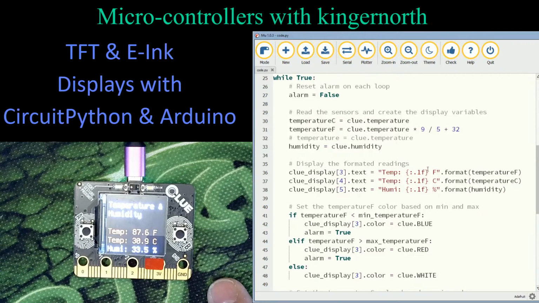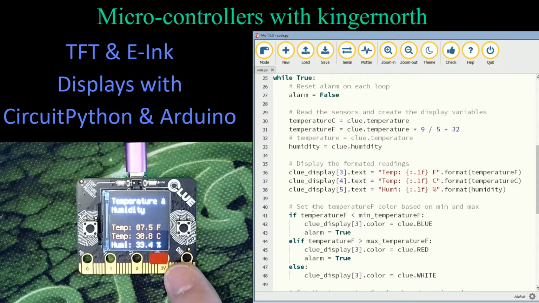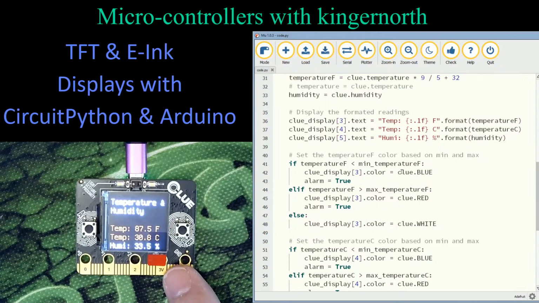So I just have to put in the fancy code here in the middle that tells it to look up what's at the end. So there's my temperature Fahrenheit, temperature Celsius, and humidity. So I've created all these custom labels with the text in between, everything to 1 decimal point.